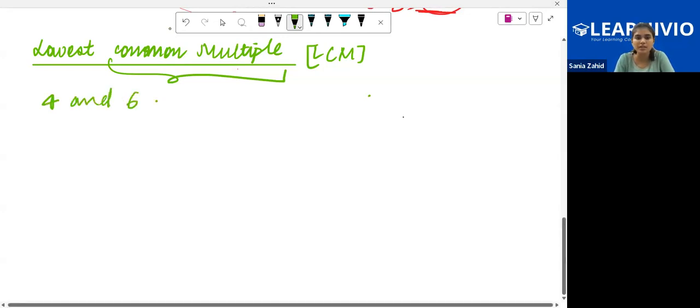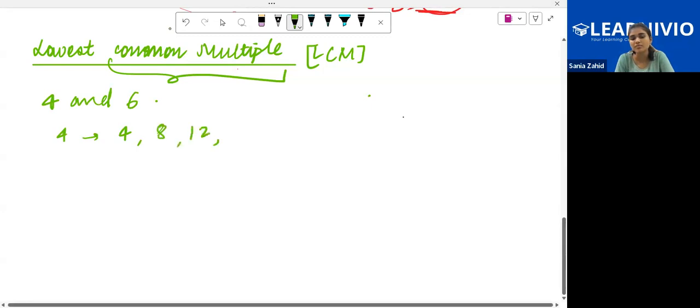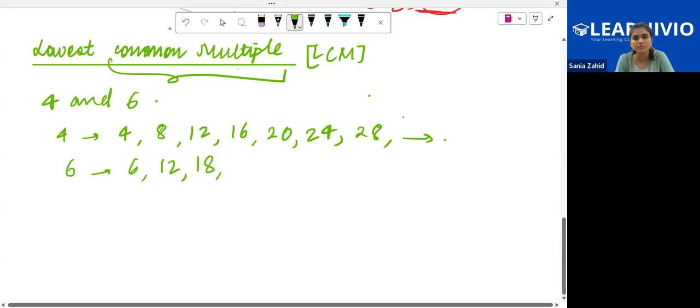Let's write down all the multiples of 4 and 6. You have 4, you have 8, and so on. Then for 6, you can write down its multiples, and so on.